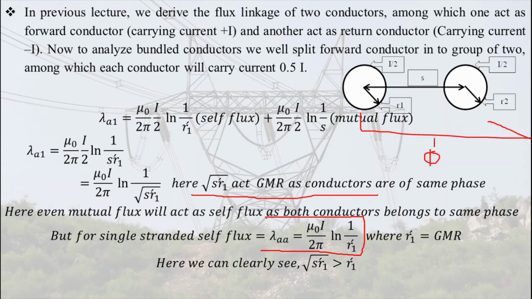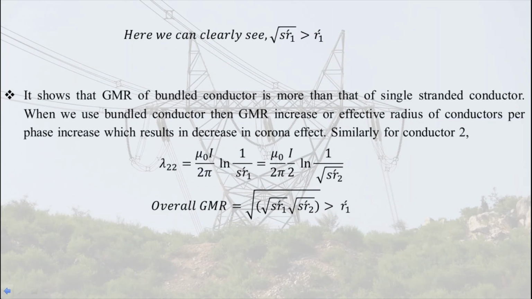So here this r1 dash was GMR. So we can clearly see that for a single stranded conductor GMR is r1 dash, and for bundled conductors GMR is under root of s r1 dash, and we can clearly see that root s r1 dash is greater than r1 dash, meaning GMR of bundled conductor is greater than GMR of single stranded conductor.